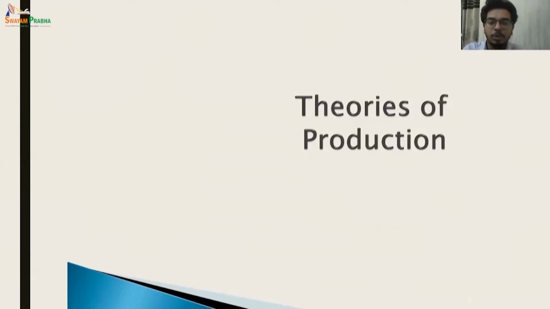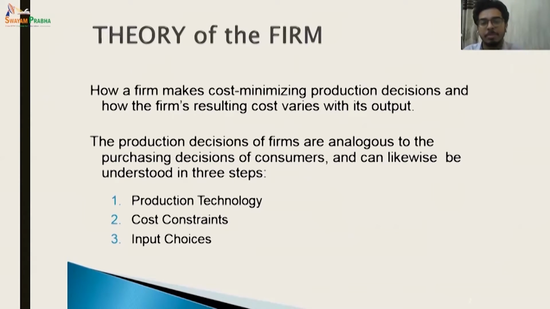So here we are going to discuss theories of production, and before that I will first tell you what the theory of the firm is. Theory of the firm talks about how a firm makes cost minimizing production decisions. That means they have a certain constraint, and the constraint is the cost or the budget over here.